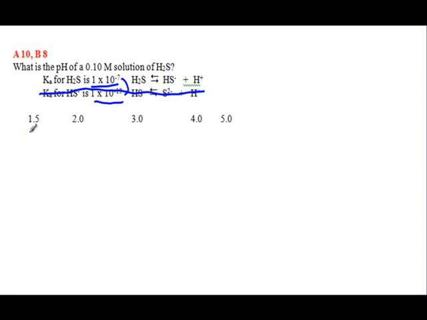So RICE: H2S gives us HS- and H+. Oops, I'm still thinking HF. I'm starting here with 0.10 molar, no product.